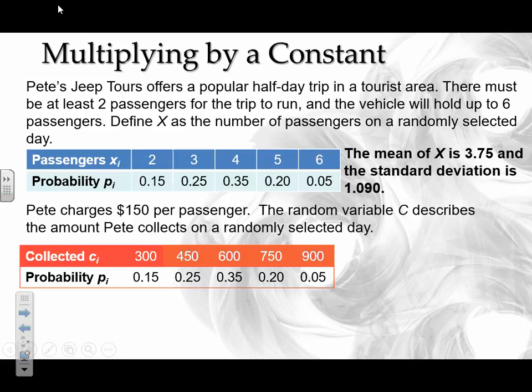You get 150. So notice we multiplied every value by 150, and what ended up happening to our mean? It got multiplied by 150. What do you think is going to happen to our standard deviation? Multiplied by 150. So take 1.090, multiply it by 150.